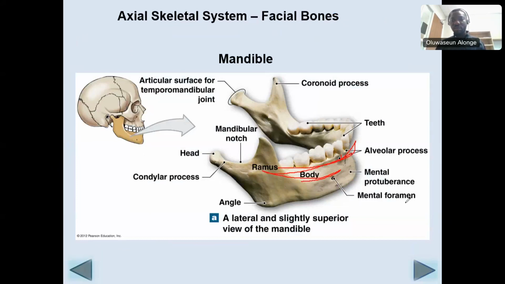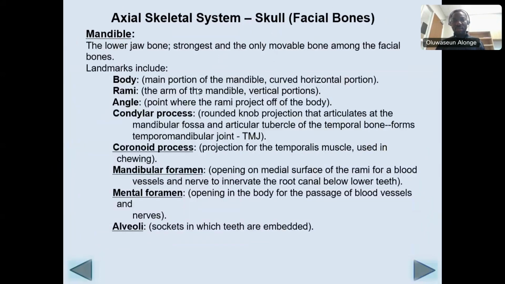So here you have the mental foramen. Again, foramina are simply openings that allow blood vessels or nerves to pass through. This is a projection, so we call it the mental protuberance. There's the alveolar process that we talked about there. And these are the coronoid processes. All right, so that's the mandible there.